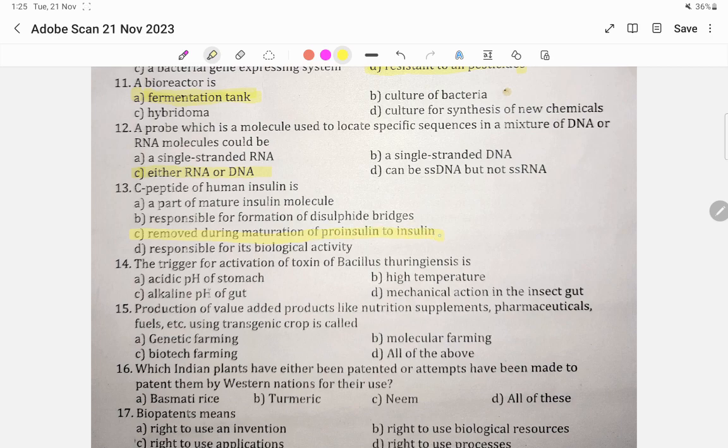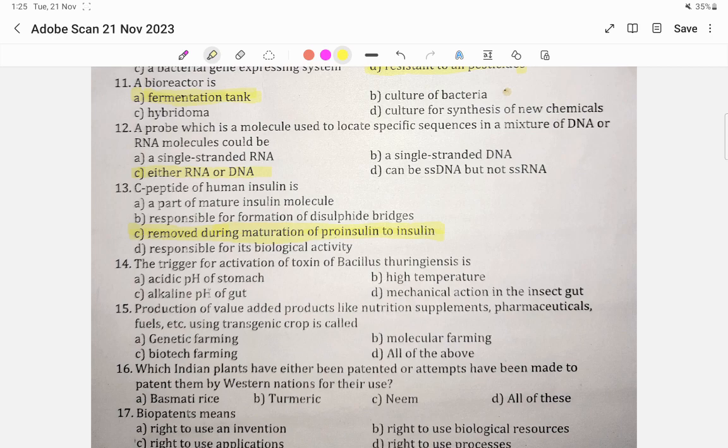In mammals this is happening. As per our textbook they have given it as mammals. Even in human beings the C chain is removed, and after the removal of C chain, proinsulin is activated as insulin, which is an active hormone. So 13th one, C peptide is removed during maturation of proinsulin to insulin.